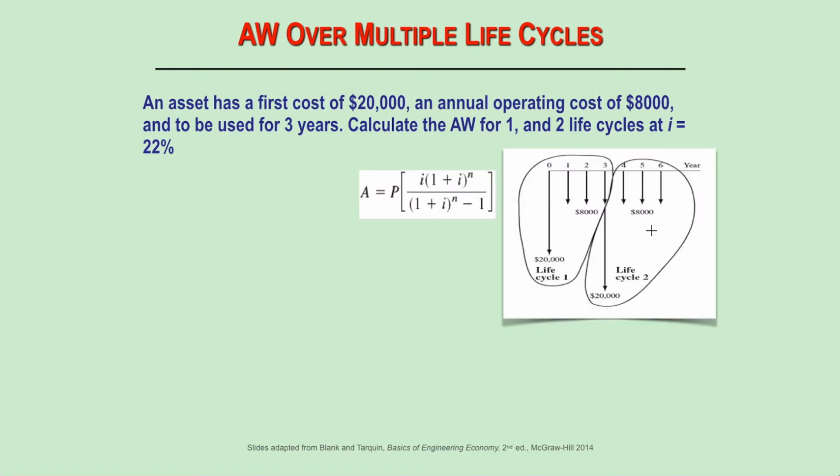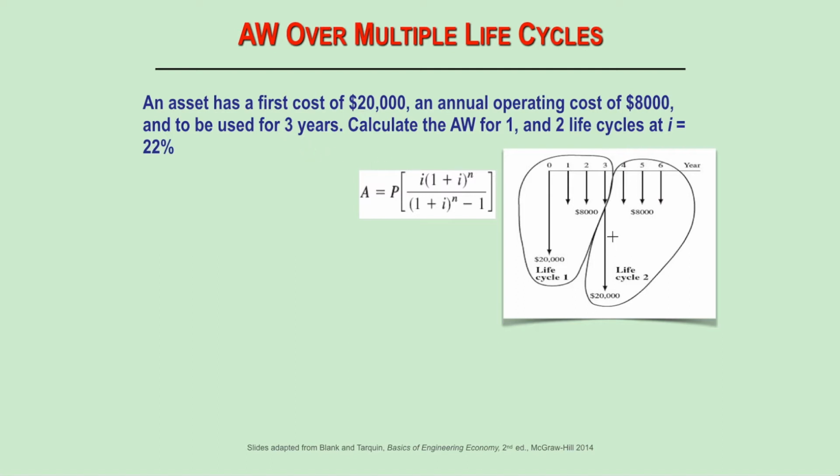So the cash flow diagram for the asset looks like this. You have a first cost of $20,000 at T0 and an annual operating cost of $8,000 per year for 3 years, and these cash flows are for the first life cycle only because one life cycle lasts for 3 years.